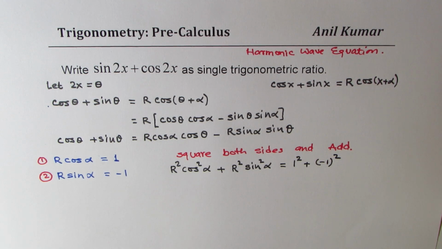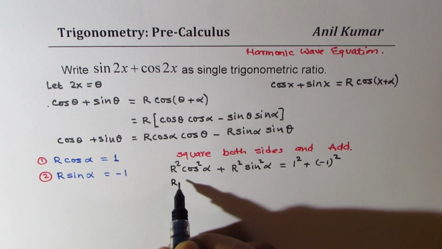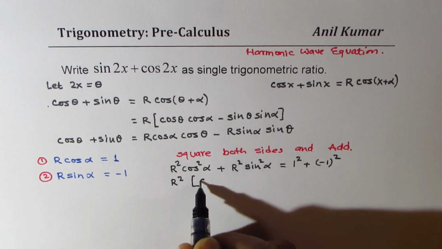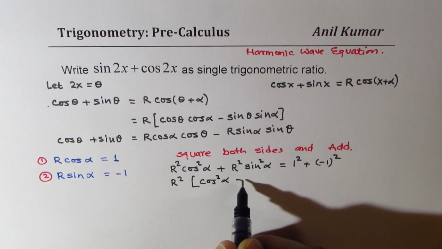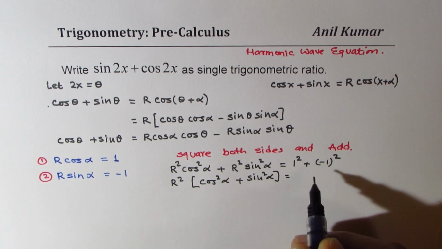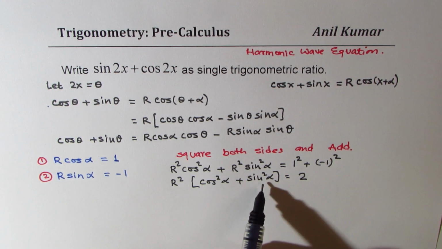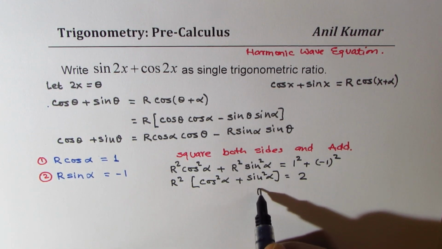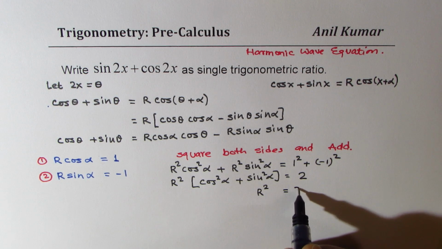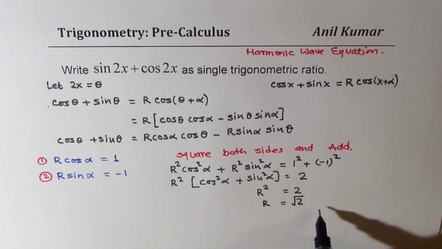Now r square is common, so we write r square, and within brackets we get cos square alpha plus sin square alpha, which equals 2. Now cos square alpha plus sin square alpha is 1, so we get r square equals 2, or r equals square root of 2.